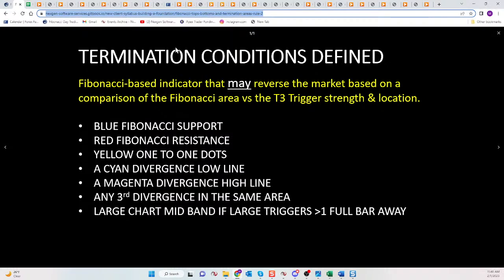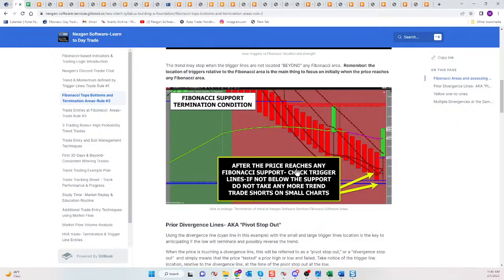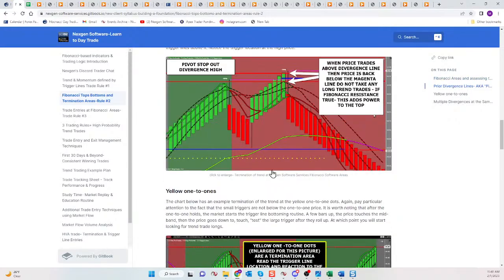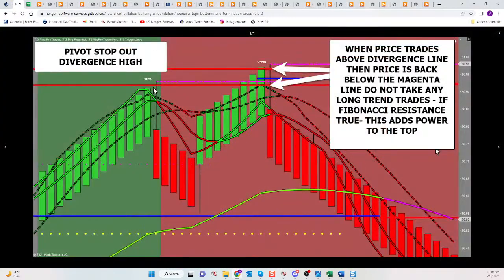Here you go, Z. Here's an entire section dedicated to the recognition of termination conditions. In order to have a termination condition, two things happen, Z. Price has to reach an area of support or resistance, and then you determine based on where the trigger lines are whether or not that area is likely to stop the market.